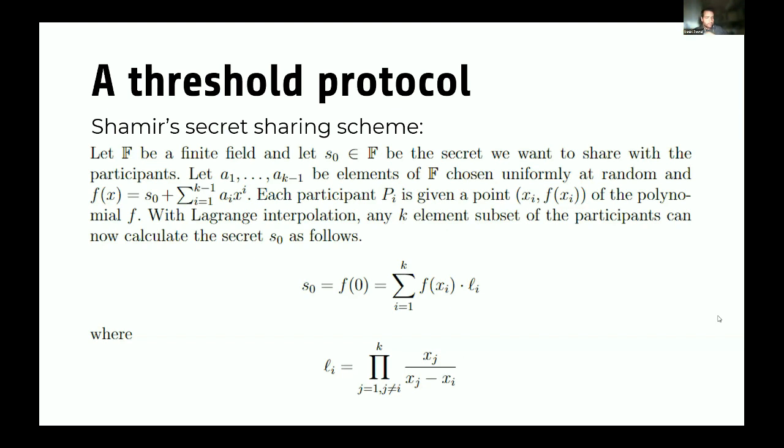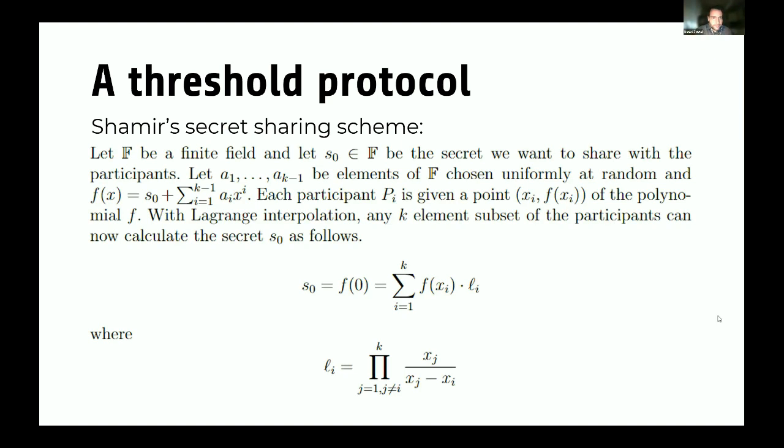And here we will describe a relaxation where, if we have n participants, then every k-element subset of them can calculate the same value. And the output of the protocol should be the same whichever k-element subset we choose.